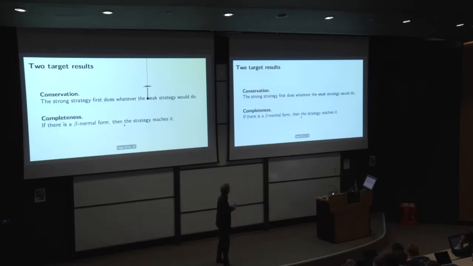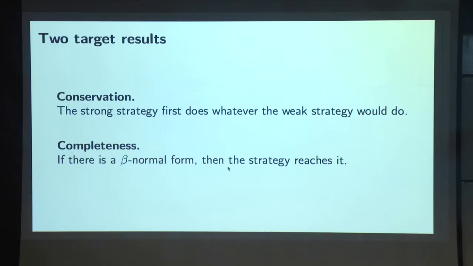And for this, we will have two constraints. We chose them on purpose. The first one is a conservativity theorem over the actual call by need strategy. That is, whenever the usual call by need strategy is doing a reduction step, our strong strategy will perform exactly the same reduction step.